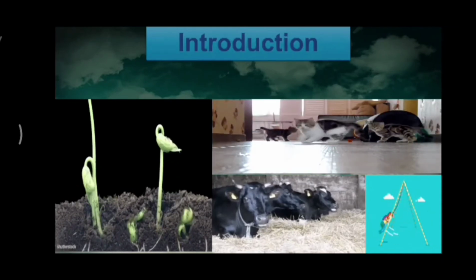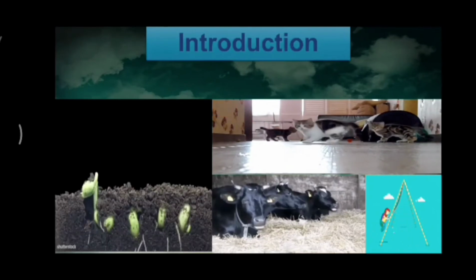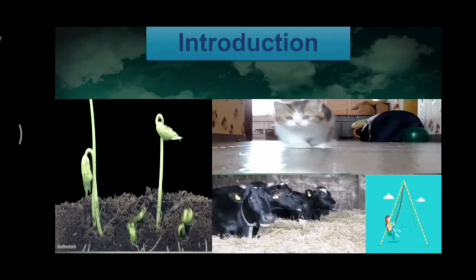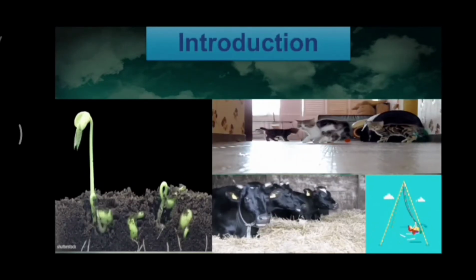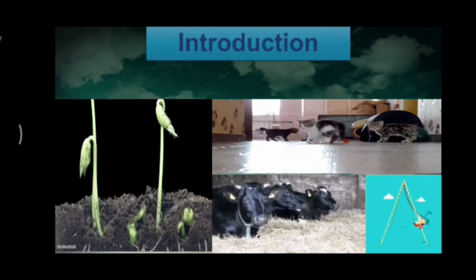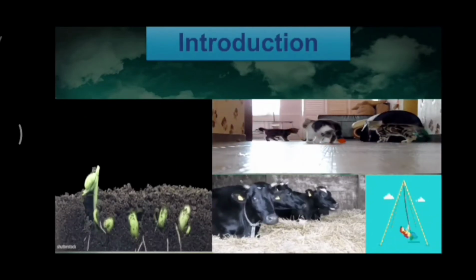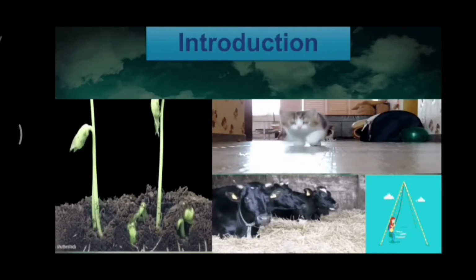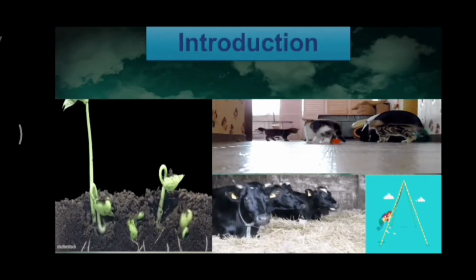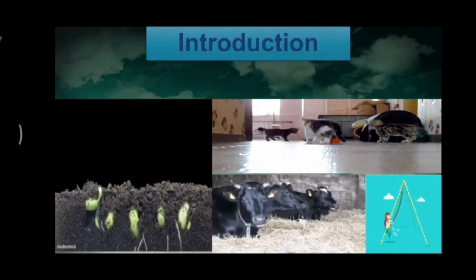A cat may be running because it has seen a mouse, or in this picture she has seen the ball. Not only that, we also think of movement as an attempt by a living organism to use changes in the environment to its advantage. Plants grow out into the sunshine.